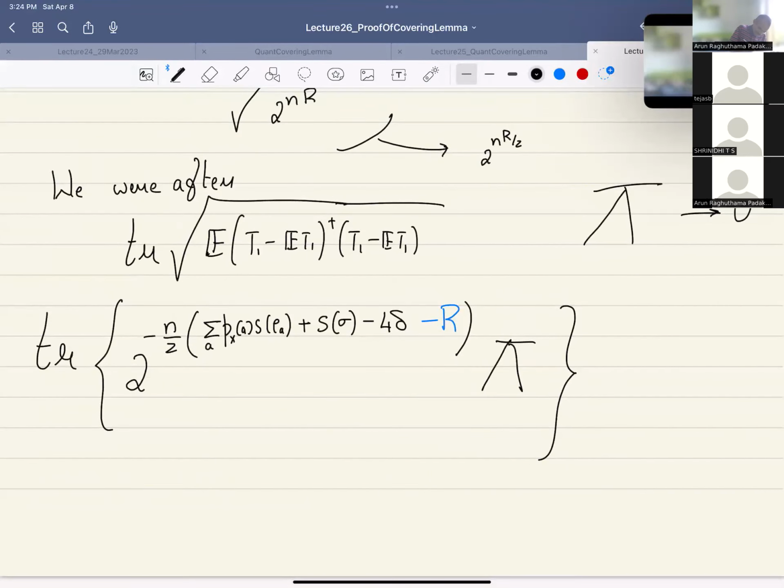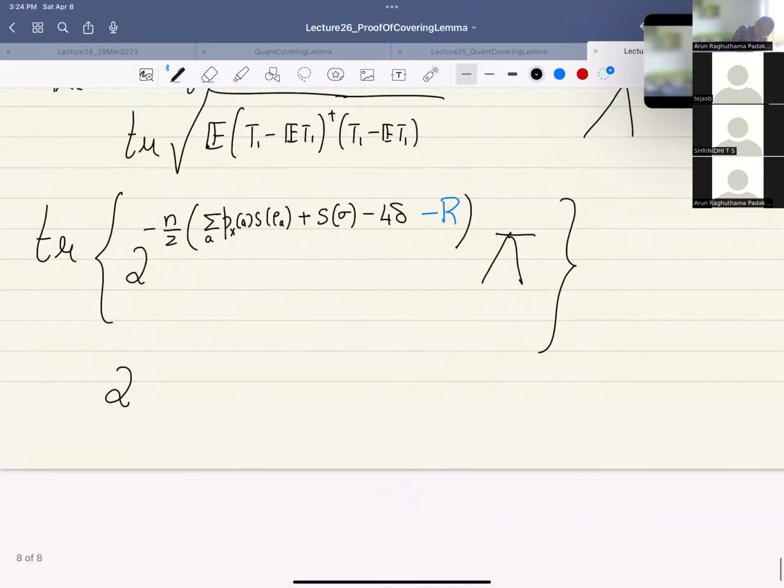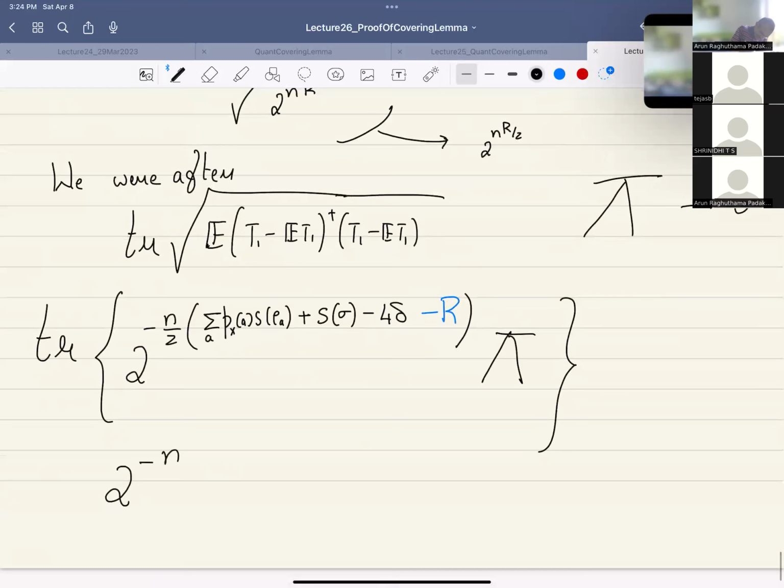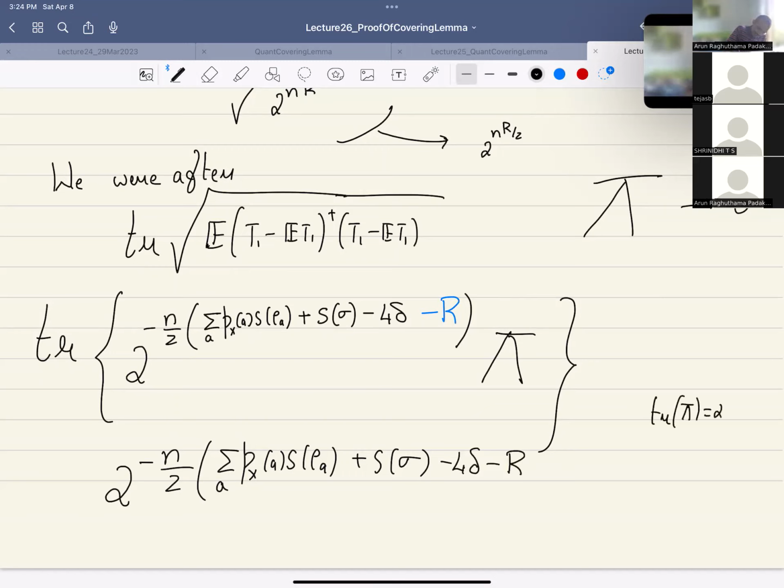So trace, the scalar comes out. So we have got rid of all the operators. And we are just getting one exponent now. It's amazing. A, p x of A, s of rho A, plus s of sigma, minus 4 delta, minus r, trace of pi, trace pi is 2 power n s of sigma, correct?